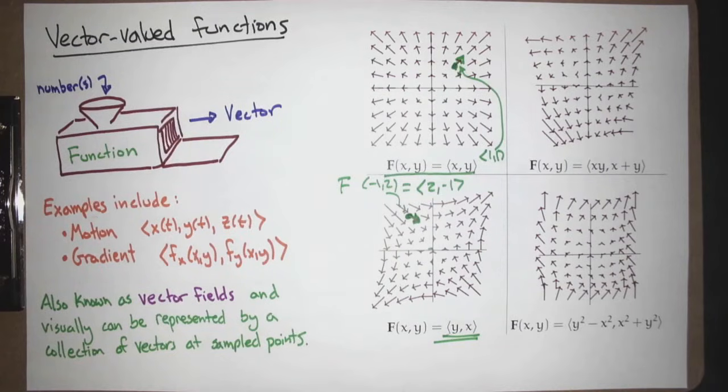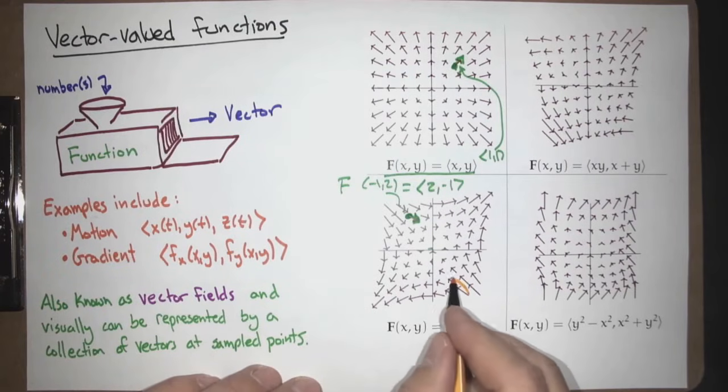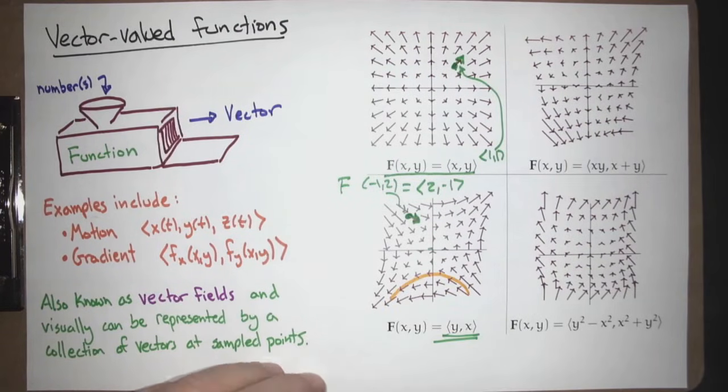And visually, you say, okay, well, there's lots of fun things going on here. You can almost play a game of connect the dots, where it's like, well, this is telling me something about how things move. And there is some truth to that. And we'll get to some interpretations of what we think of as vector-valued functions later on in the course.